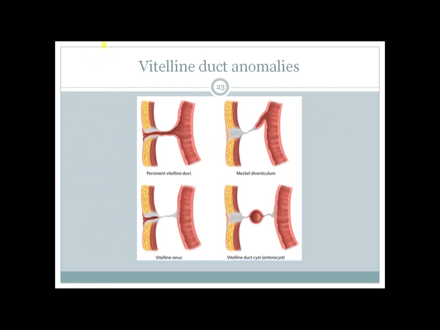So here I have shown you some Vitelline duct anomalies. All of them occur due to incomplete closure of the Vitelline duct. If the Vitelline duct is not closed at all, totally open, here is the gut tube, here is the body wall and here is the Vitelline duct.